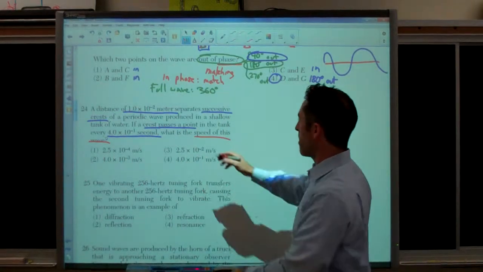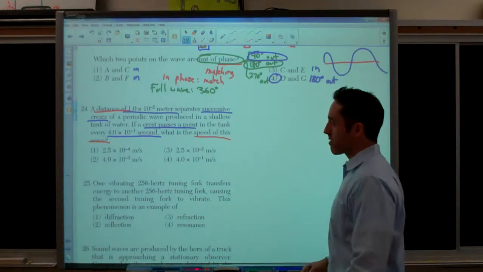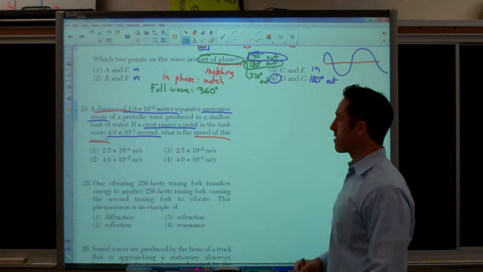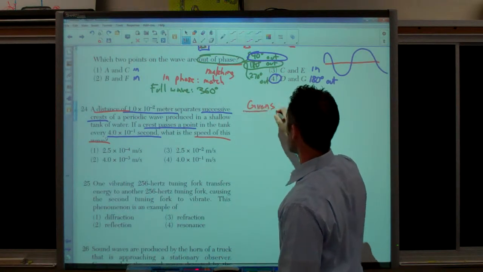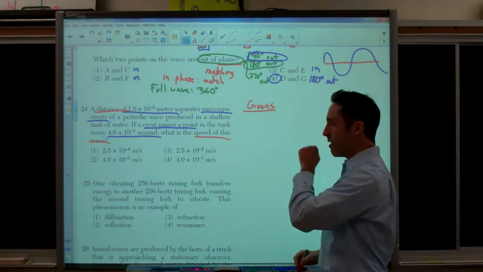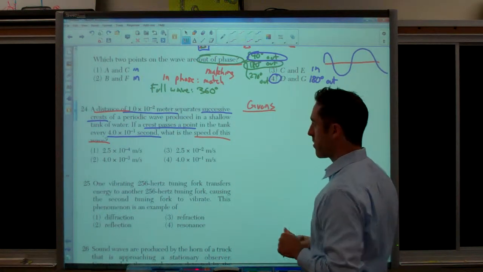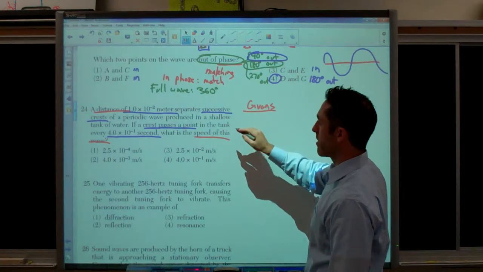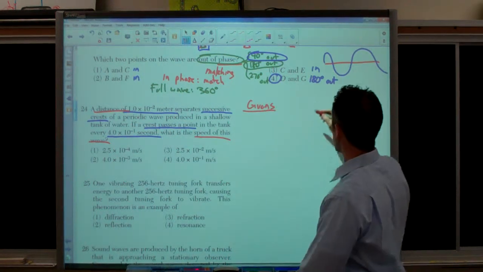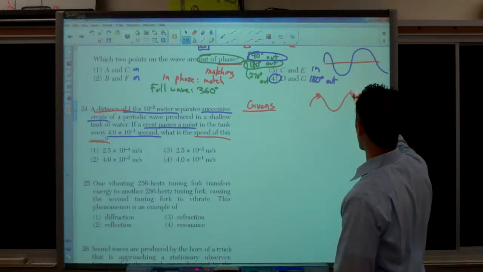So, let's go. A distance of 1 times 10 to the negative 2 meters, that's a centimeter, separates successive waves. Now you could start writing distance and successive waves, but hopefully you recognize this is a waves problem. One way to approach it is, successive crests, well, if you draw that, here's a crest, here's the next crest.